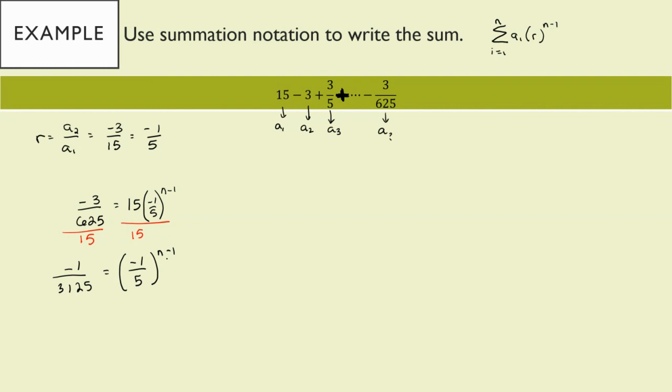So now we want to get that n minus 1 out of the exponent, so you can take the log. You can take a regular base 10 log or you can take a natural log. I usually take natural logs, and I write my natural log in cursive so it doesn't look like a 1n. So we're going to take the natural log of both sides.